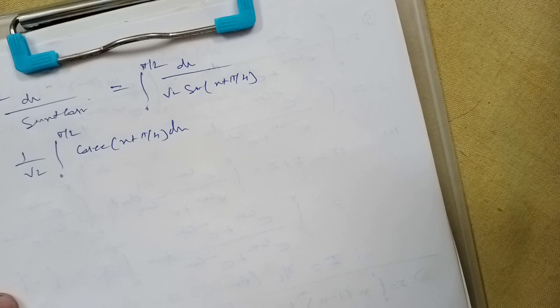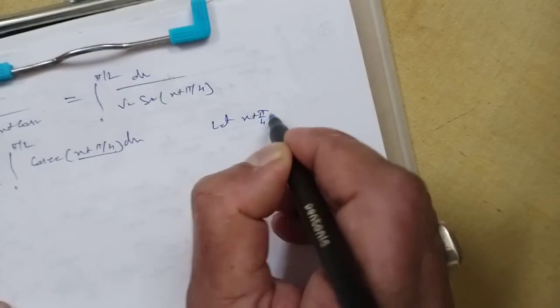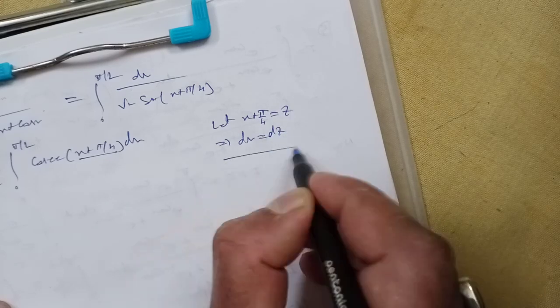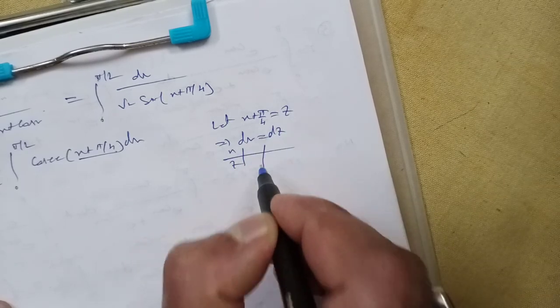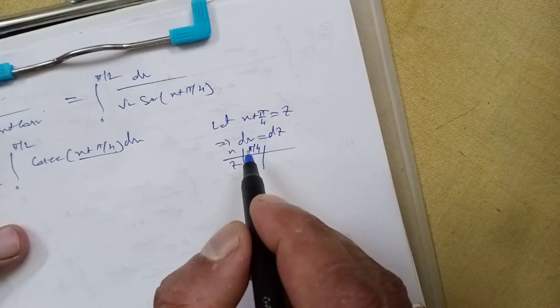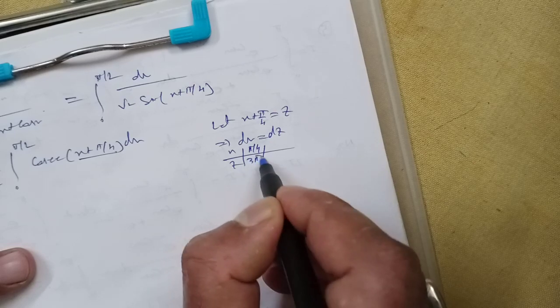Now let x plus pi by 4 equal z, so we get dx equals dz. Change the limit.